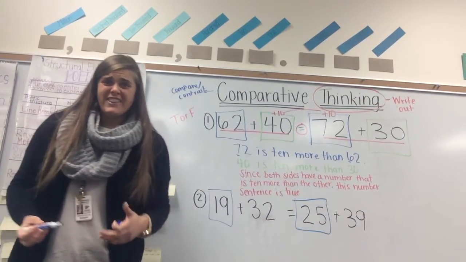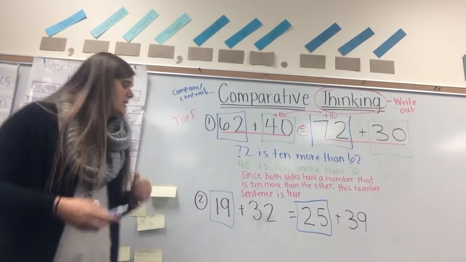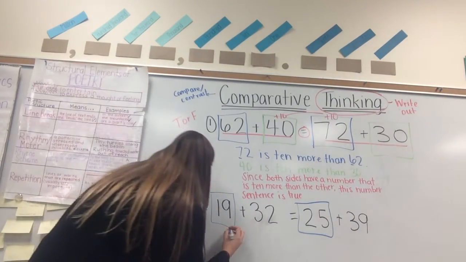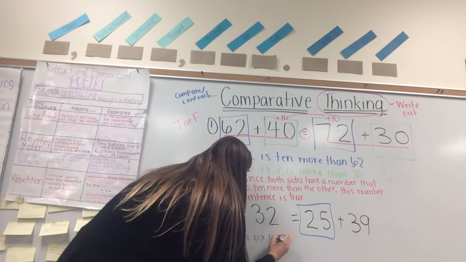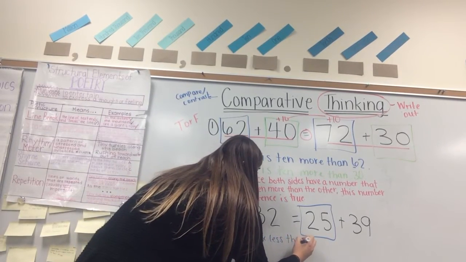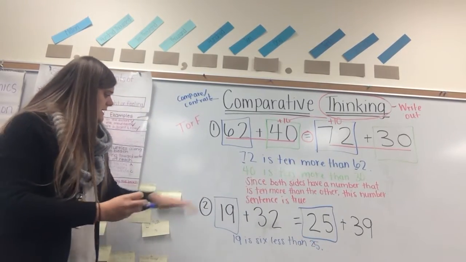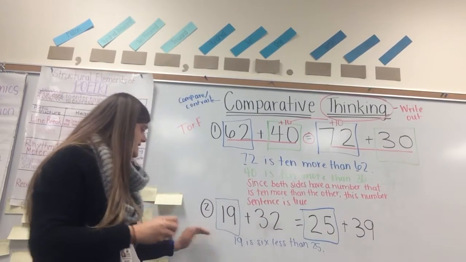And I know that 19 plus 6 makes 25. So 25 has 6 more in it. So 19 is 6 less than 25. Everyone see that?